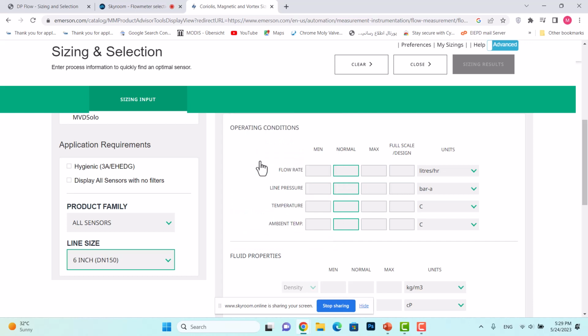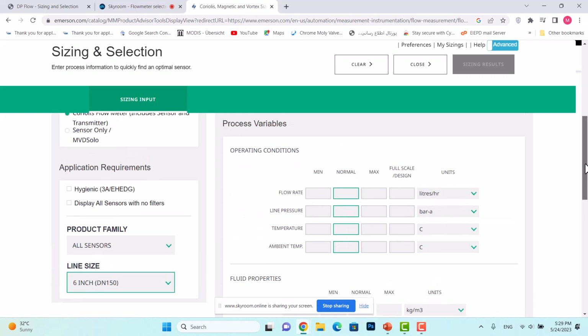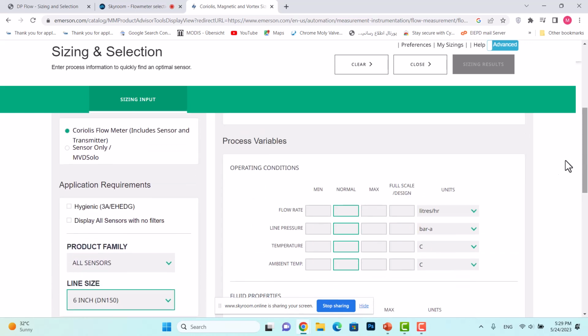Here you can see methanol. Let's have a look at the operating conditions. It should be in kilograms per hour. Pay attention to these units. And in bar gauge.